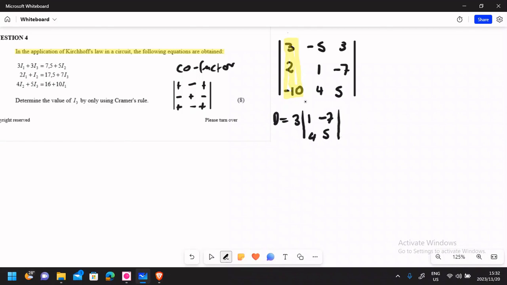Right, then you go to the next minor, which is going to be 2. If our minor here is 2, we cancel this way and that way, so you're left with -5, 3, 4, and 5. Don't forget, if the minor is 2, we cancel this way and that way. But now let's look at our cofactor here. Since we have 2 here, our cofactor is going to be negative.